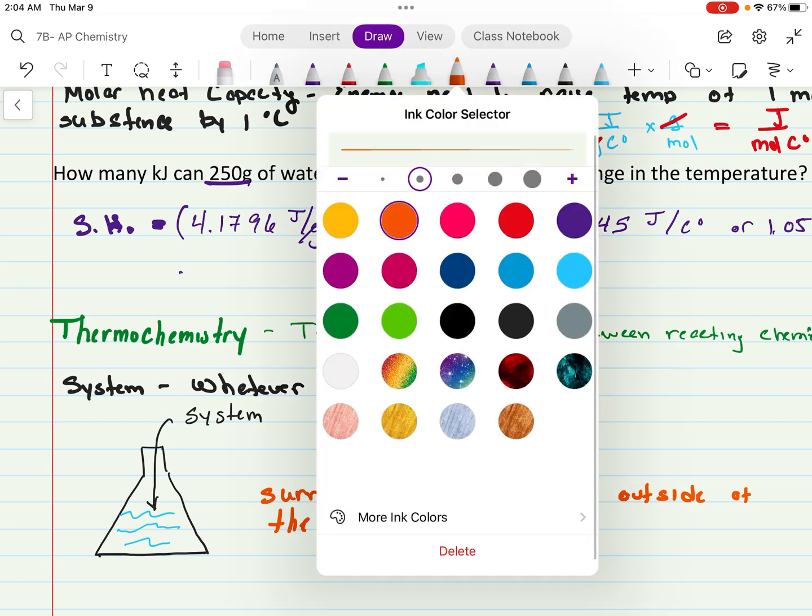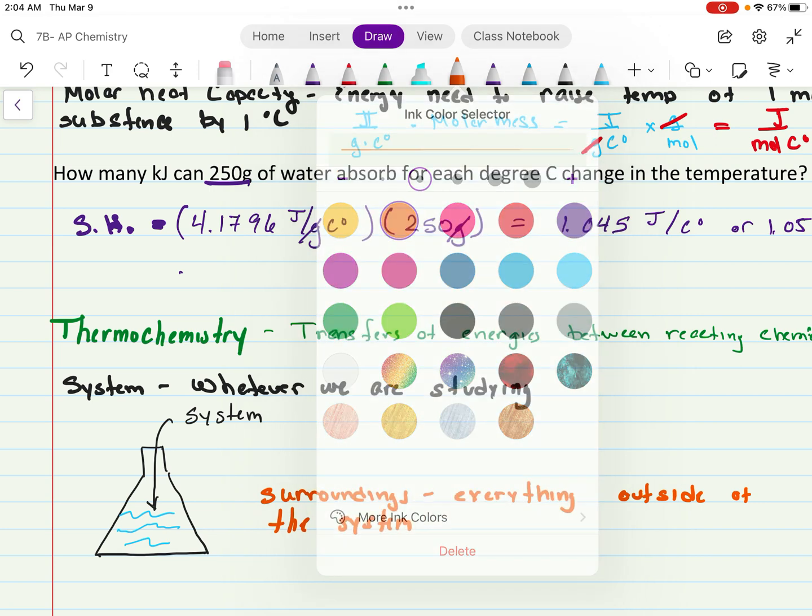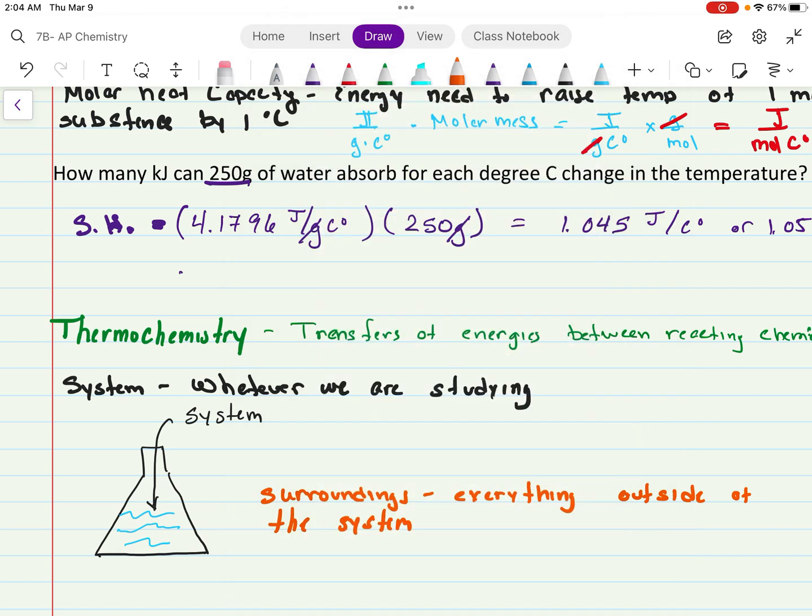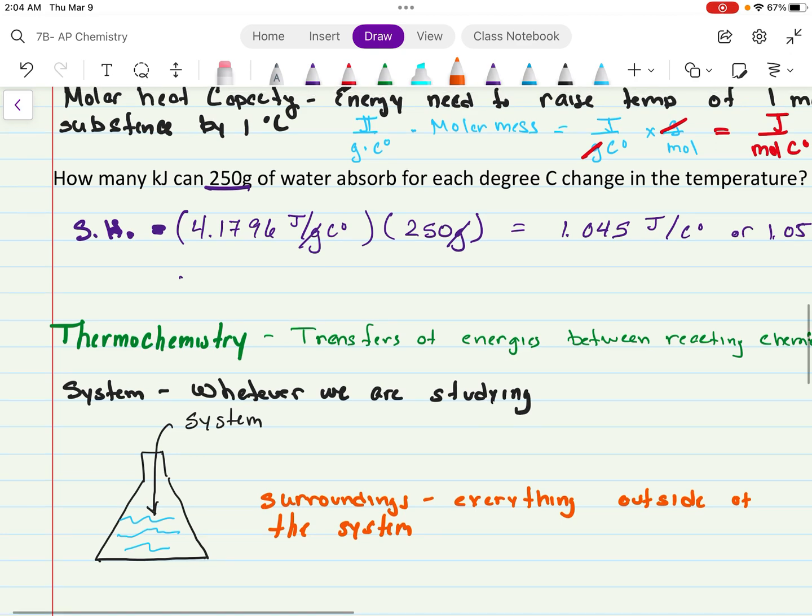Now, between the system and its surroundings, we have the boundary. The boundary is what separates the system from its surroundings.